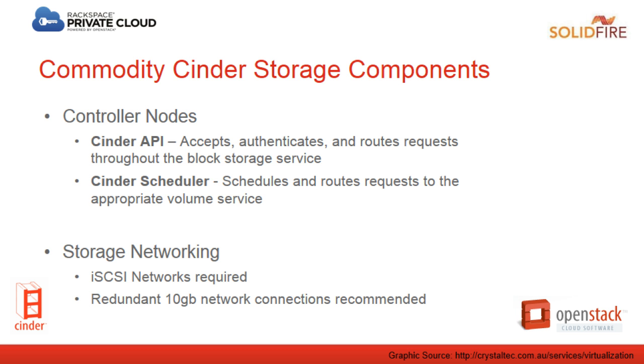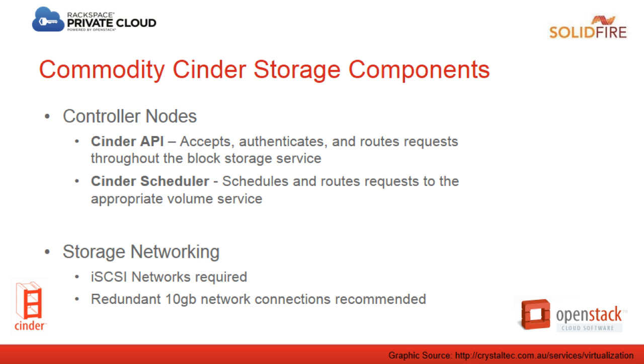But note that in a commodity Cinder environment, there are several components that need to be in place. First, you notice there is a controller node. A controller node in an OpenStack environment is basically the brains of the operation. It holds all the metadata for your OpenStack cloud platform and has all the control points that you interact with in order to provision Cinder storage.